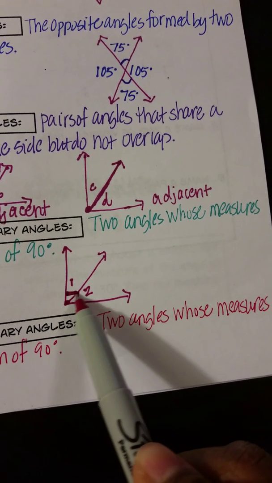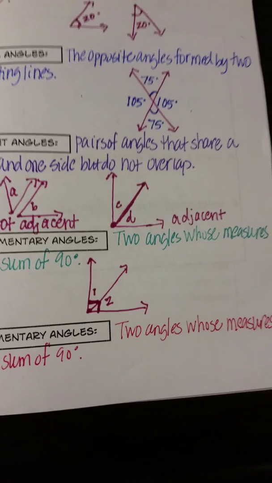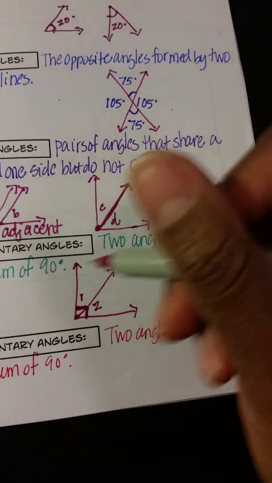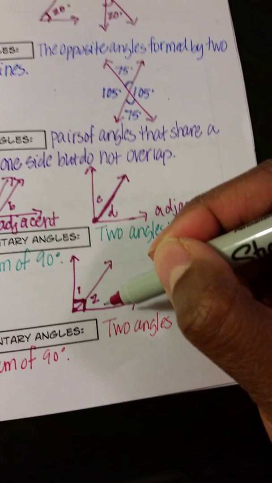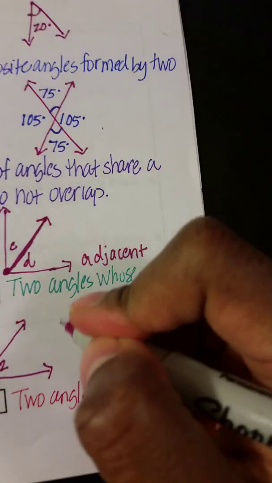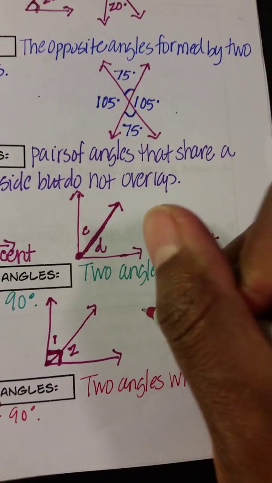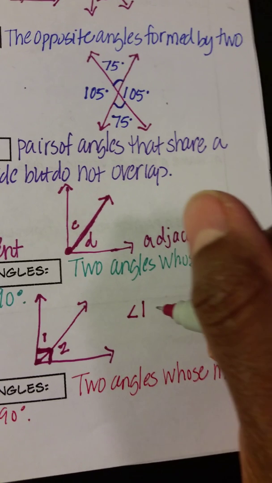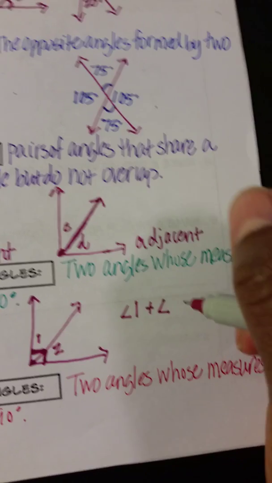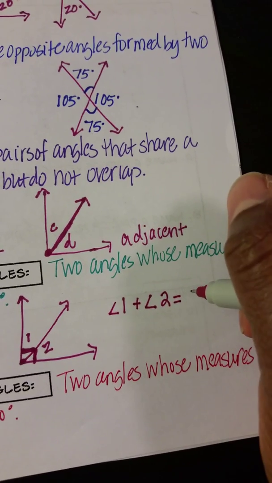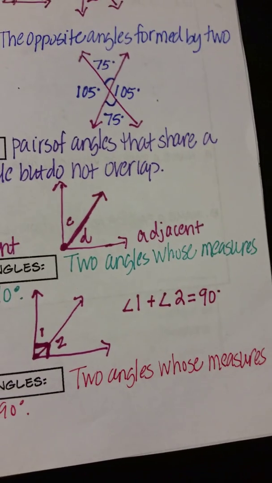We know that this is a right angle, and right angles are equal to 90 degrees. So angle 1 plus angle 2 would give me 90 degrees, and I'm going to write that here. That's how we denote an angle: angle 1 plus angle 2 is going to give me 90 degrees.